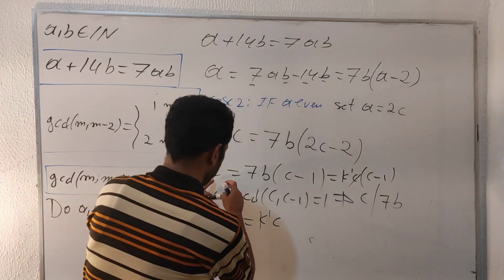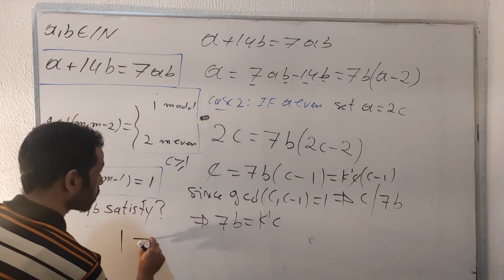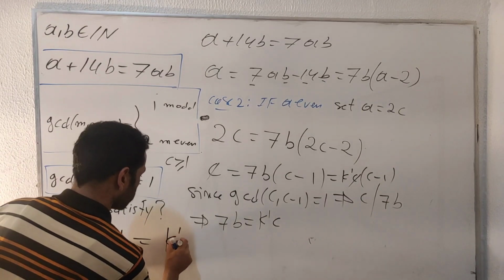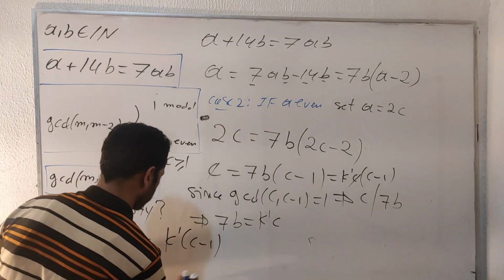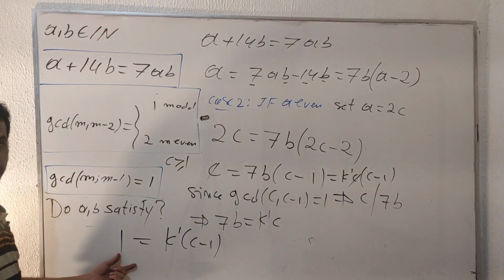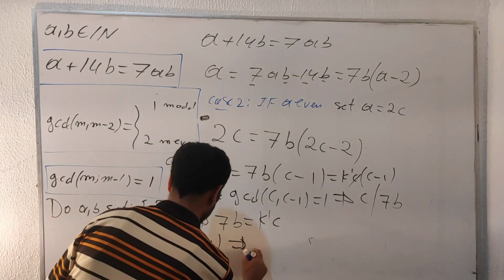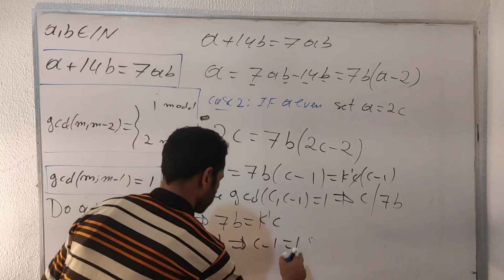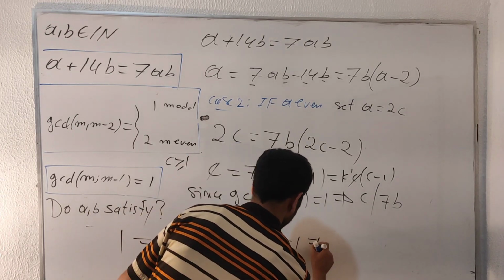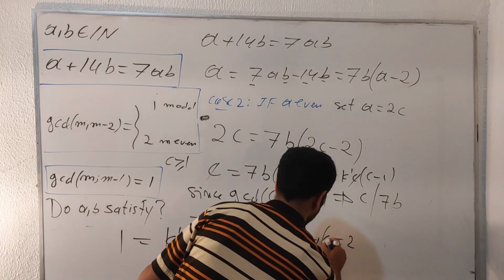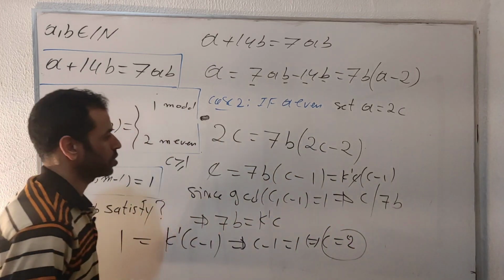So this one is telling us number 1 equals K prime multiplied by C minus number 1. We get the same thing as we found before. So C minus number 1 equals 1, which means after taking minus 1 to the right, I get C equals 2.